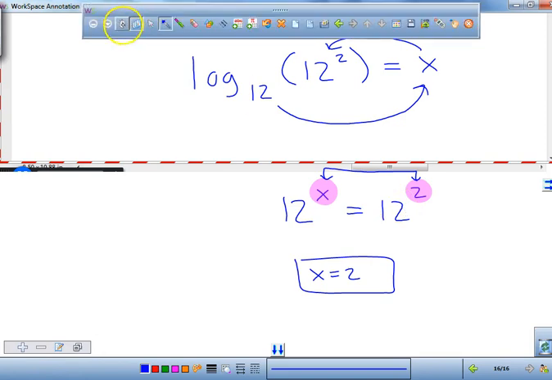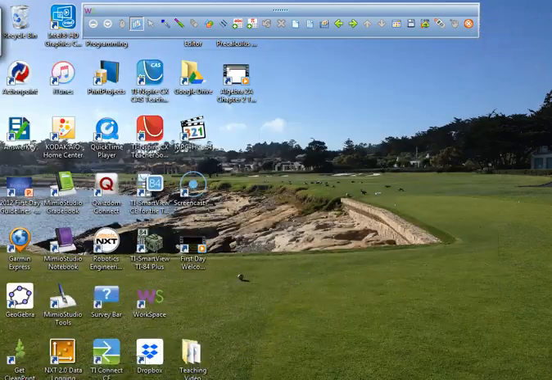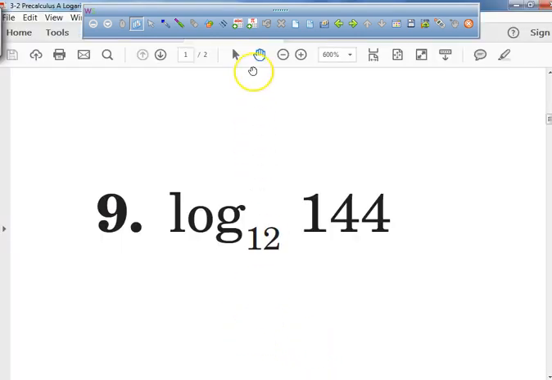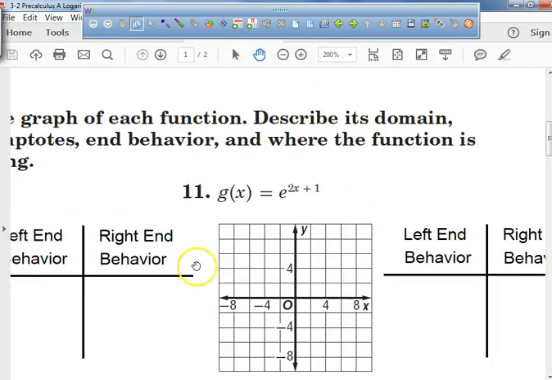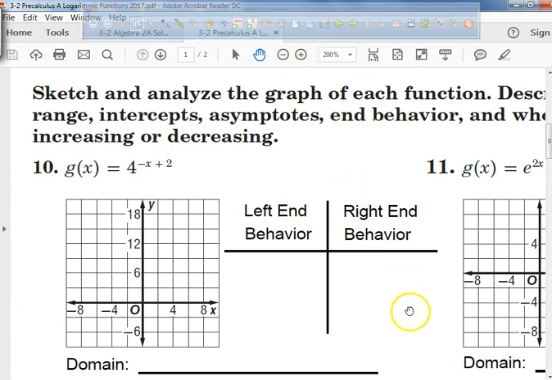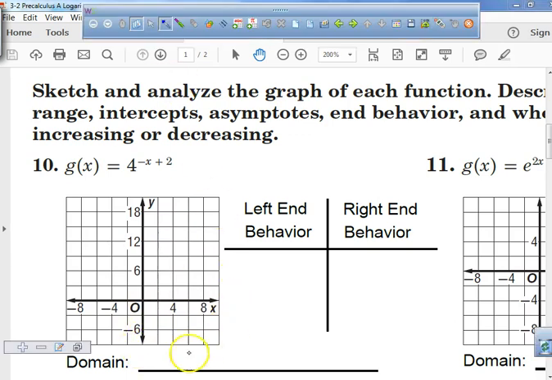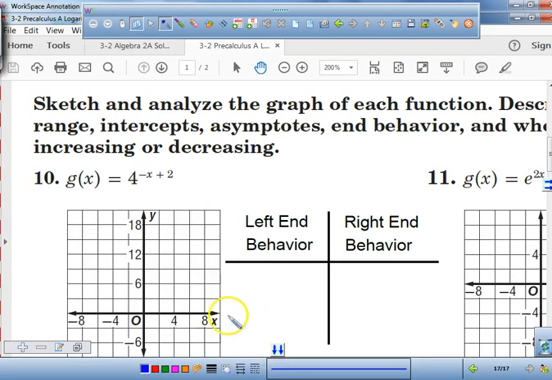The last problem we're going to be doing today on this video is problem number 10. So right now, get your graphing calculators ready to go. What we're going to do is first change our window settings. I'm going to write down what our window settings are going to be. Our x maximum is going to be 10.